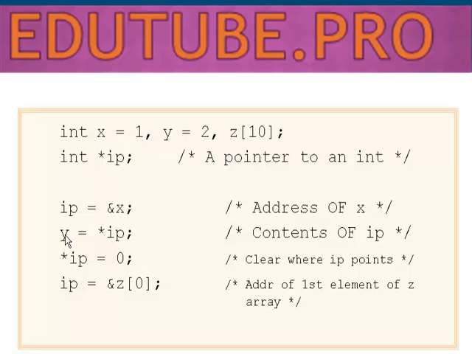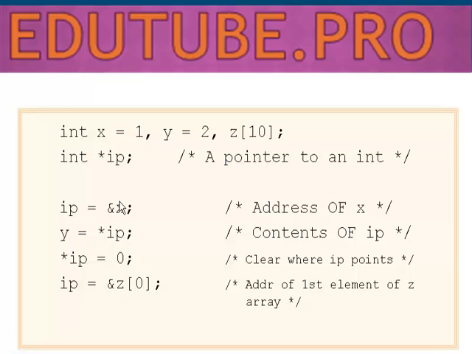Here we can say that y is now equal to the contents of IP. It's the same asterisk, means a very different thing because of where it's being used, by its context. This is called dereferencing. We are dereferencing IP. So what happens? We go to IP, which is a variable in memory. It contains an address. We get that address.